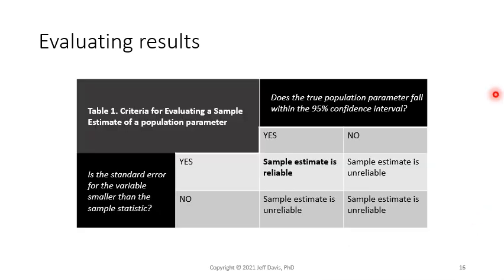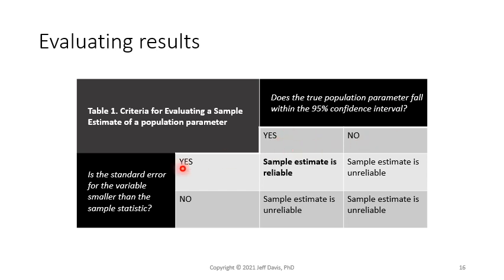So hopefully to give you a little more sense of how this evaluation criteria plays out, we have the question about the standard error over here: is the standard error for the variable smaller than the sample statistic? Yes, no. Does the true population parameter fall within the 95% confidence interval?